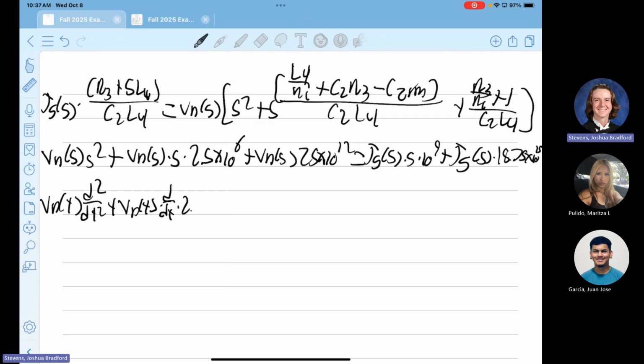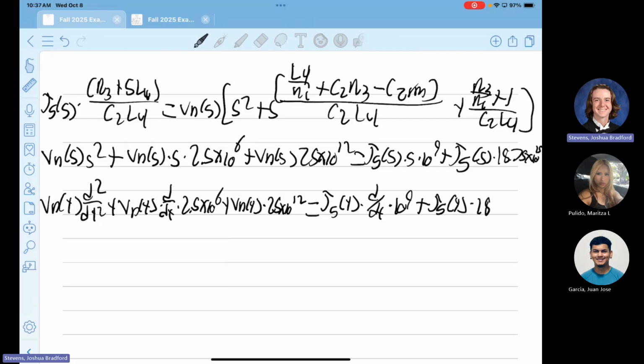So d over dt times 2.5 times 10 to the 6th plus Vn of t times 25 times 10 to the 12th. JG of S becomes JG of t times d dt times 10 to the 9th. Yep, plus JG of t times 18.75 times 10 to the 15th. I'm going to write that a little bit better.